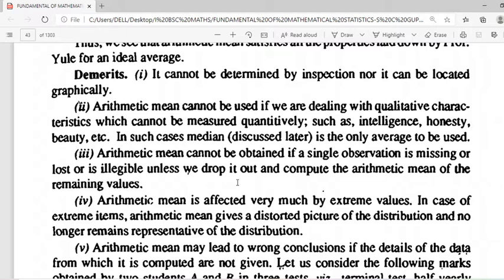Sometimes we cannot measure intelligence. How can we measure intelligence, or honesty, or beauty? The criteria for beauty or intelligence will be different for different countries or different companies.